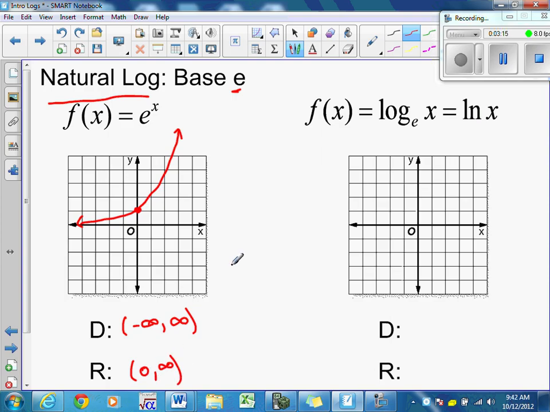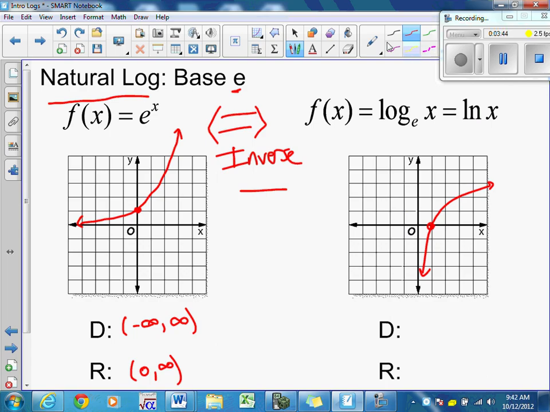If you remember from the other video, when we defined logarithms, we said these are inverses. So our natural log, another one of our parent functions, I can draw it well, maybe not, looks something like that.